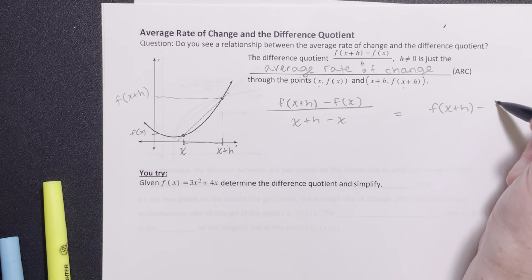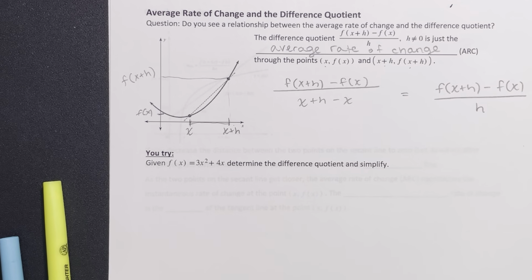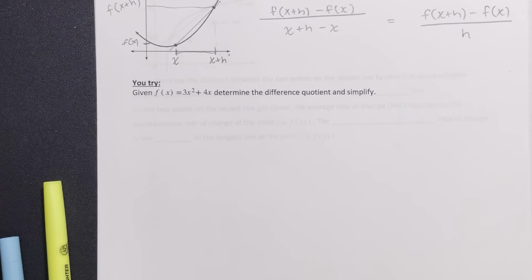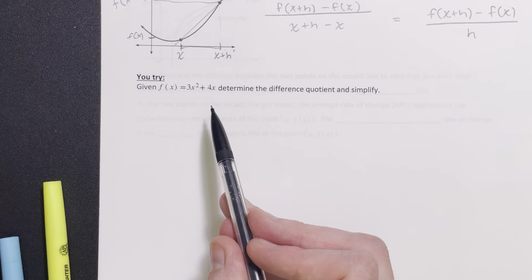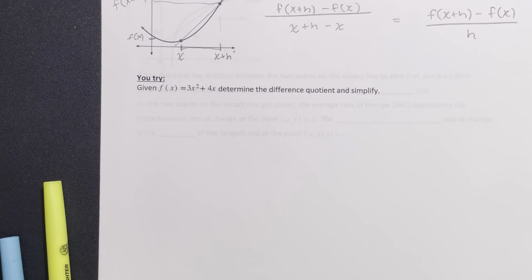So it's a generic average rate of change between 2 points. In calculus, we'll get to use that to talk about the instantaneous rate of change. All right, in this example, we just want you to try to find the difference quotient of f of x. So if you want to pause the video, use what we did in the previous example, and then you can press play and check your work.